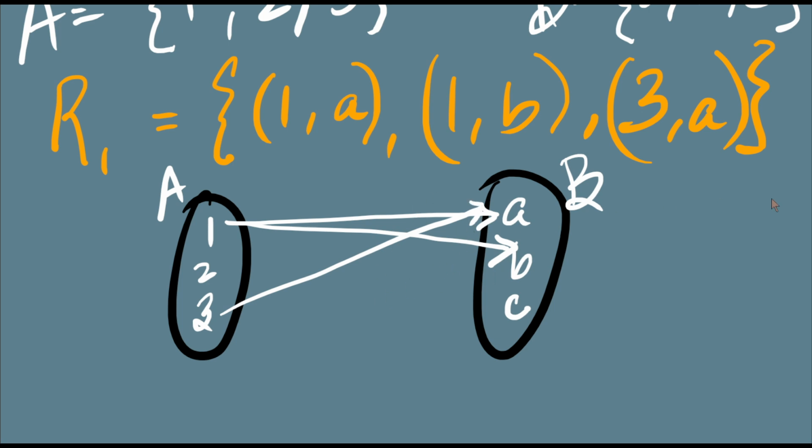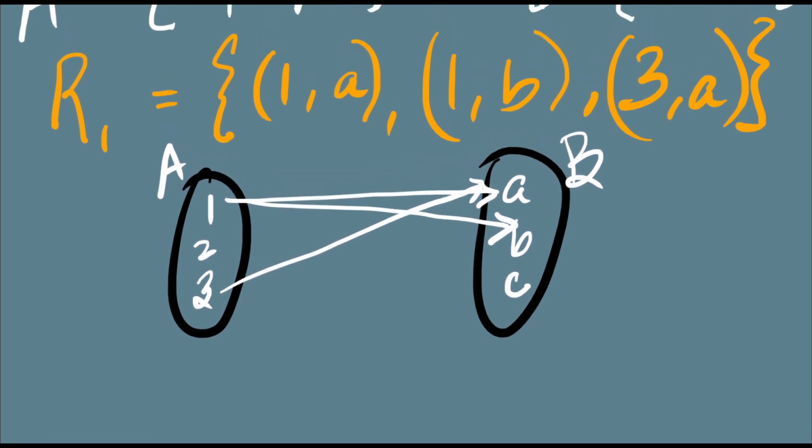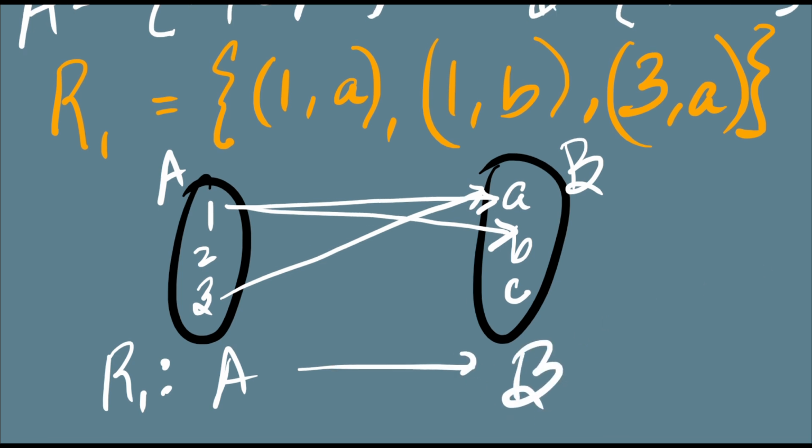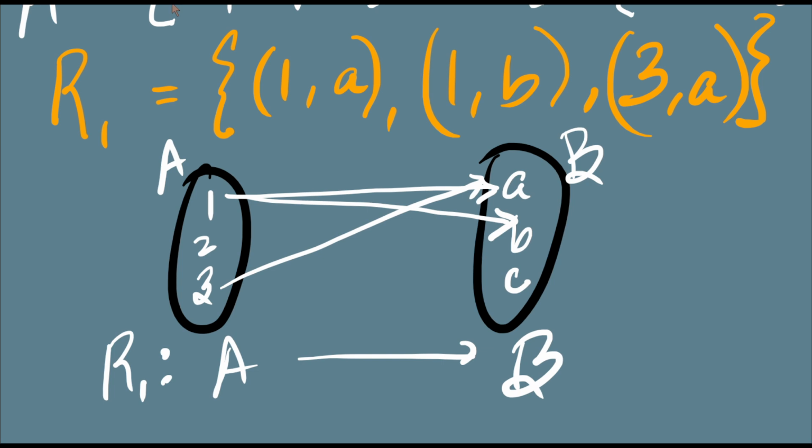If you draw it neatly, it will be nice, but this would be a better way of depicting a relation. This is R1, a relation from the set A to set B. It's just another way of writing the same thing in a diagram form.